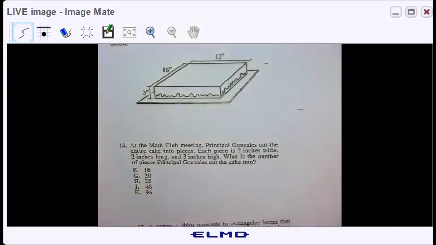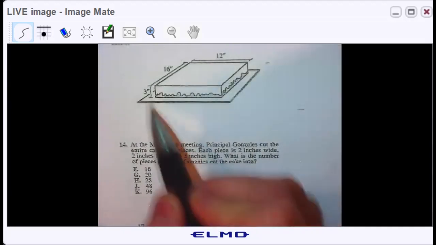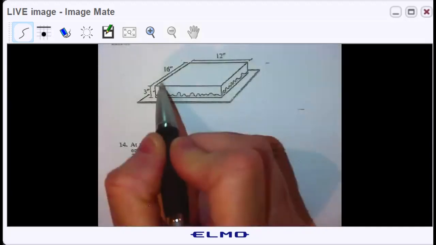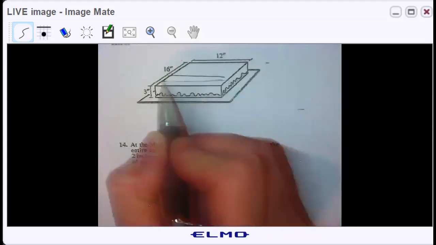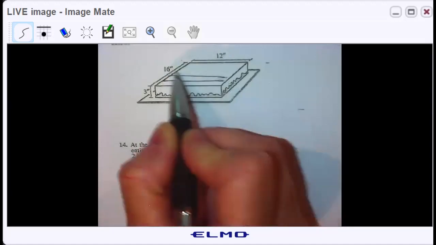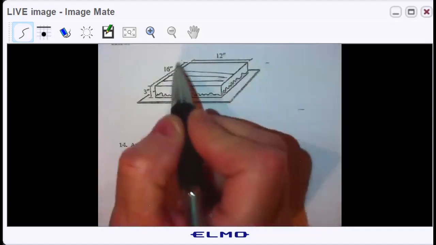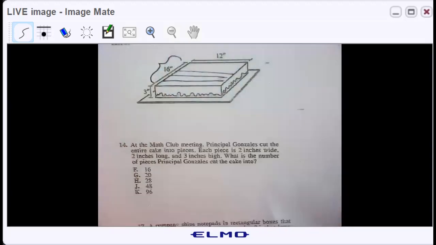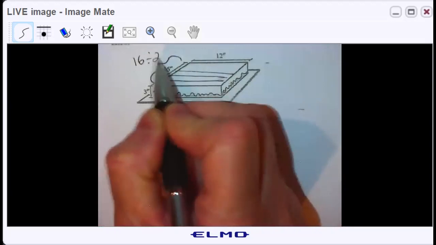There's a couple of ways you could think about this. One of them, just think about how you cut a cake, and each piece is as high, obviously, as the cake. So you would cut lengthwise, like so. If they're 2 inches by 2 inches for the length and width, we could just take 16 and divide it by 2.